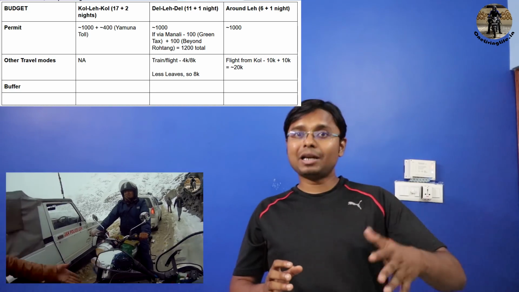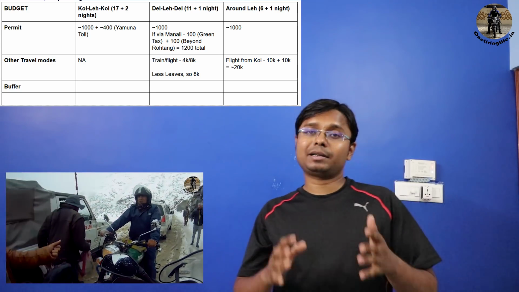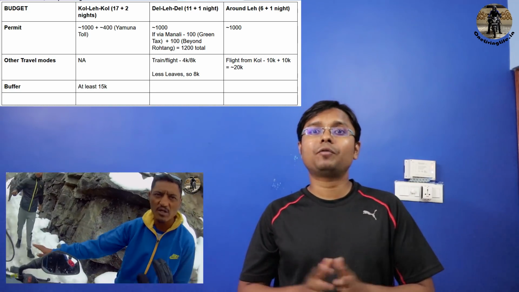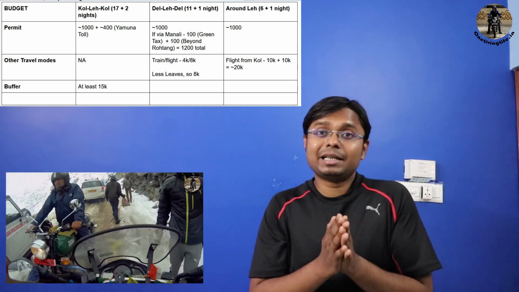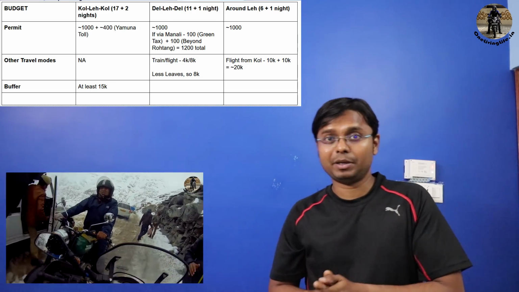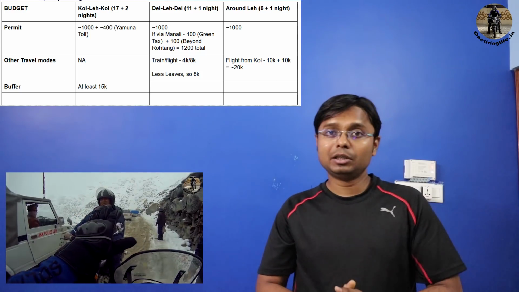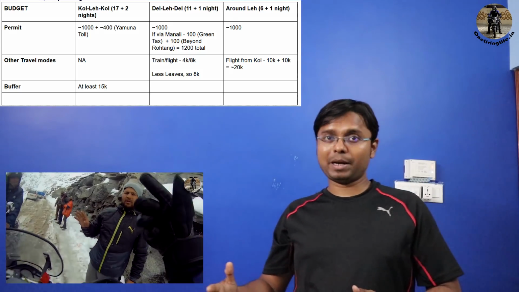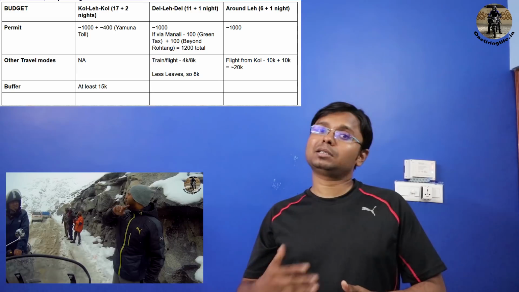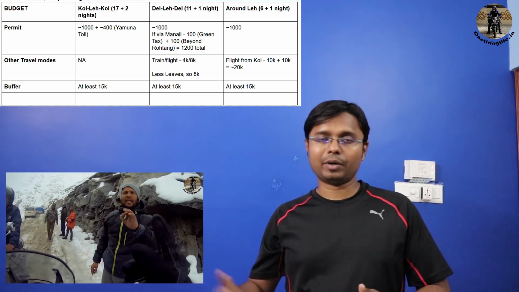So on average, I suggest you have at least 15 to 20,000 of buffer money in your account, so that just in case anything happens, you can use that money. Let's hope we never need to use it, but keep that amount in your bank account. And this amount stands equal for anyone riding to Ladakh.